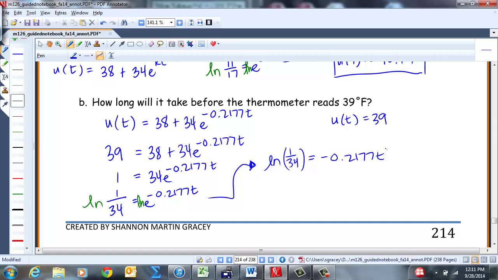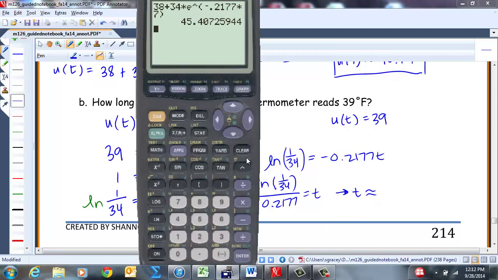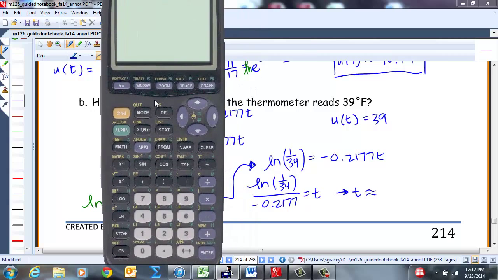And then dividing both sides by negative 0.2177, we get natural log of 1/34 divided by negative 0.2177 is t, and remember, this t is time.